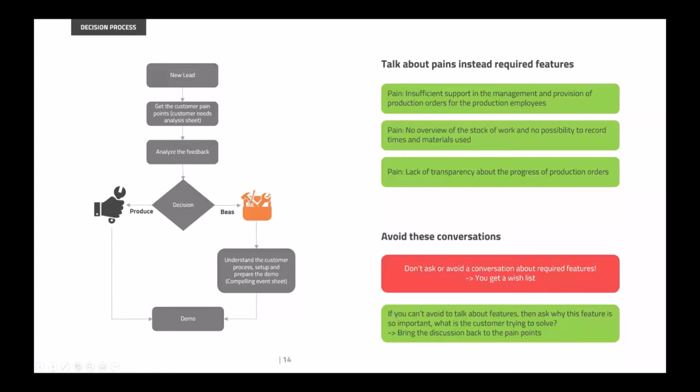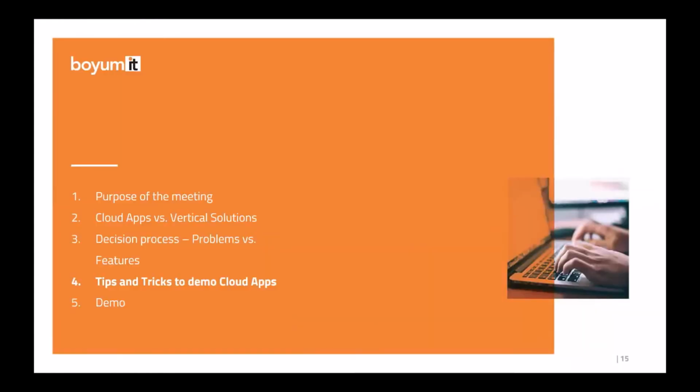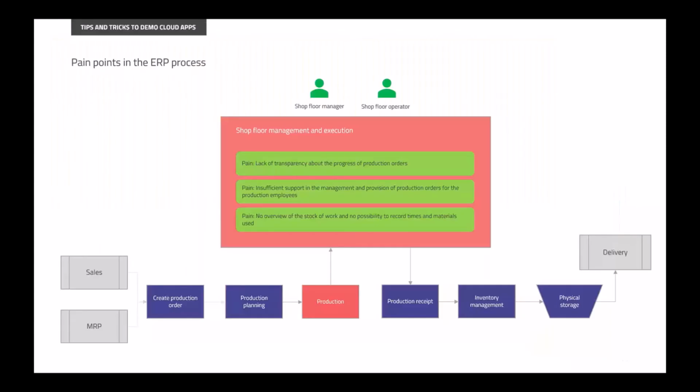Then the next one is tips and tricks for the demo of the cloud apps. Sammy will show in the last step an example of a demo of produce. I will give a bit of general feedback before we start with the demo.